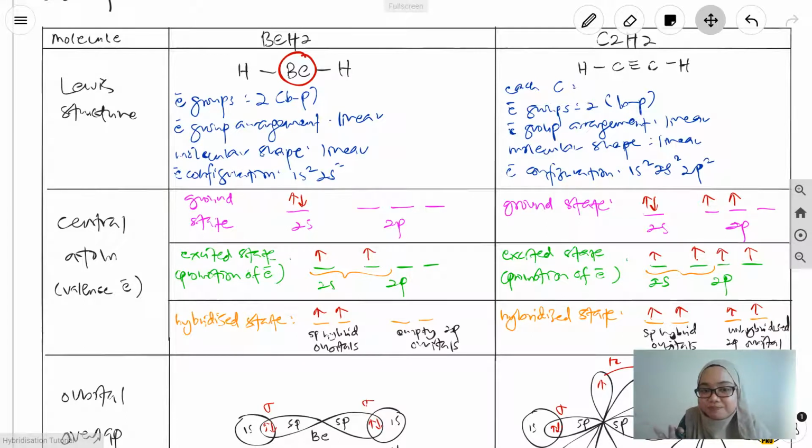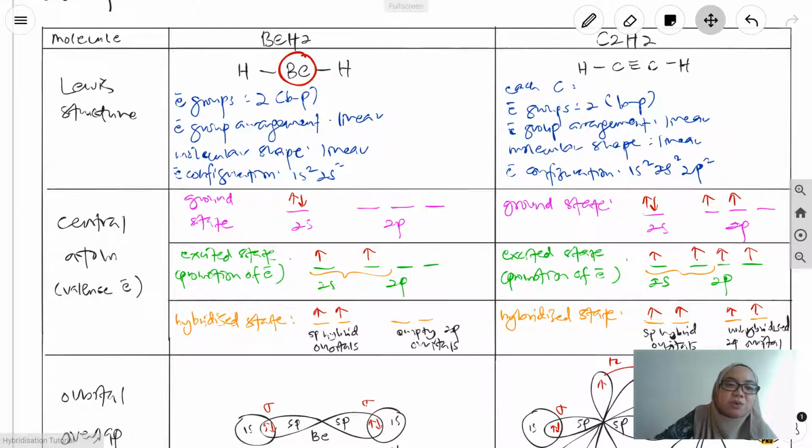Nothing filled. However, when we look at the central atom beryllium, beryllium needs to form 2 covalent bonds. To form 2 covalent bonds, beryllium needs 2 unpaired electrons so that it can overlap with another atom to form a sigma covalent bond. So how can we have the 2 unpaired electrons?